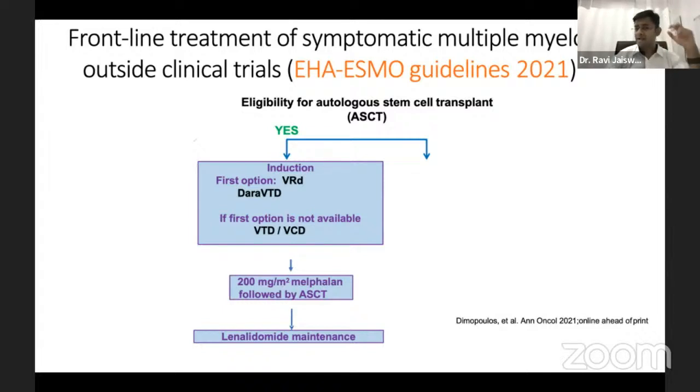So this is slightly different from your NCCN guidelines. Remember, the NCCN guidelines still don't talk about using daratumumab upfront in transplant eligible patients, but the ESMO guidelines have included daratumumab even for transplant eligible patients.